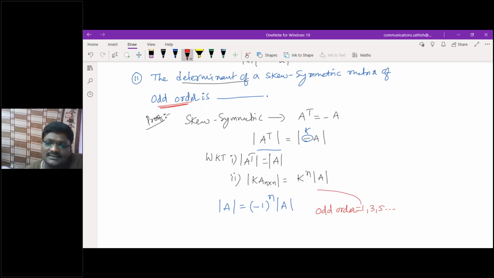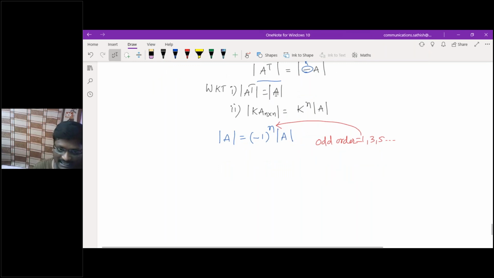Substitute any odd value in this, like 1 or 3 or 5. Not a big deal. If I substitute any odd value, what will you get?